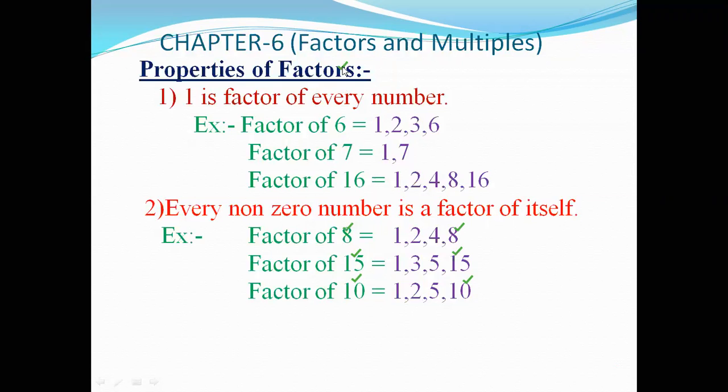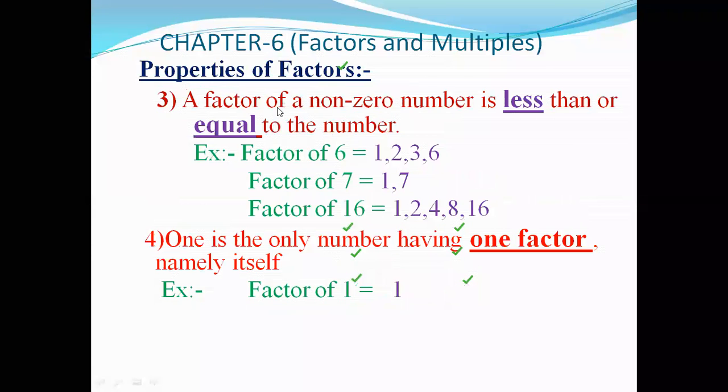Now, go to the third property: a factor of a non-zero number is less than or equal to the number. Factors of 6: 1, 2, 3, 6. Factors of 7: 1 and 7. Factors of 16: 1, 2, 4, 8 and 16. According to this property, 1, 2, 3, 6 are the factors of 6.